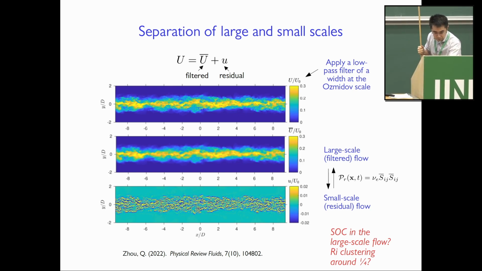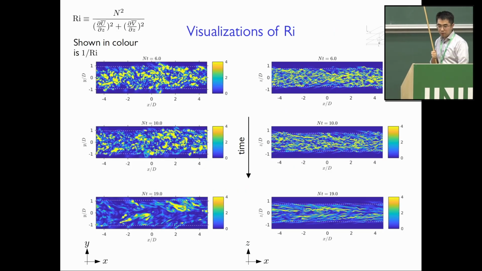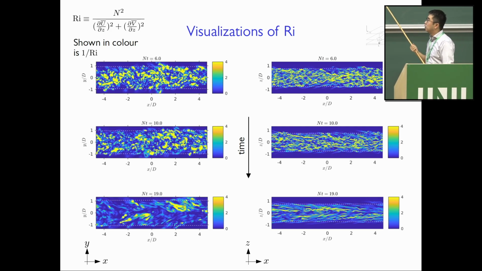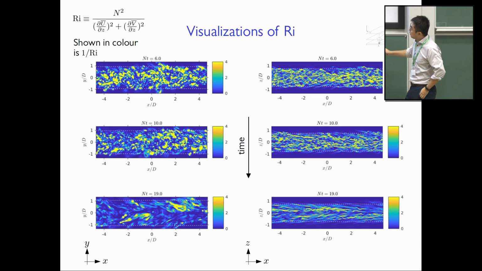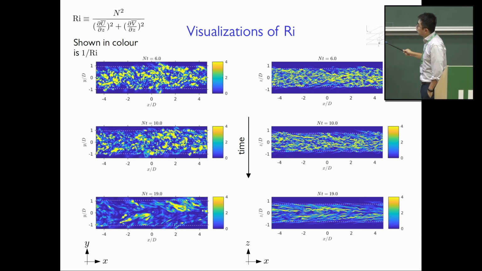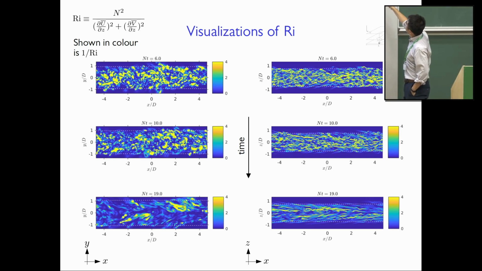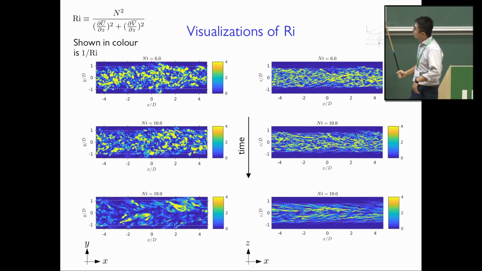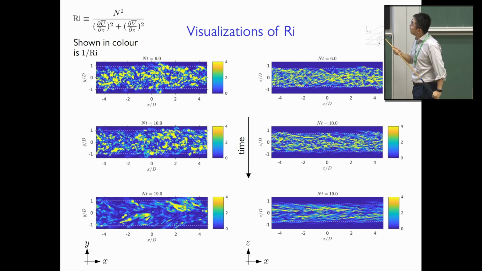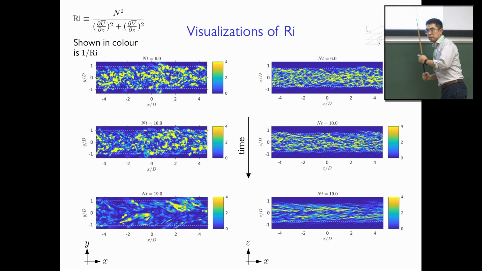I'm going to show you some snapshots of the RI. Again, this RI represents the larger scales, bigger than Ozmidov. On the left you're looking at the horizontal slice, the plan view, and on the right you're looking at the side view. I play with the color scheme, and I'm plotting 1 over RI because it's easier to do that.